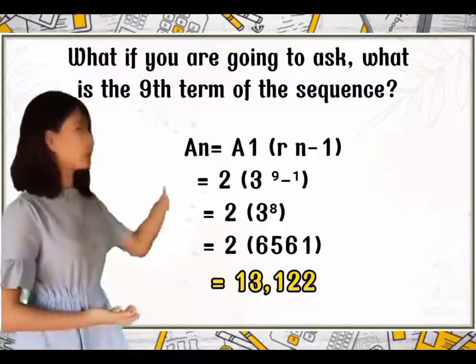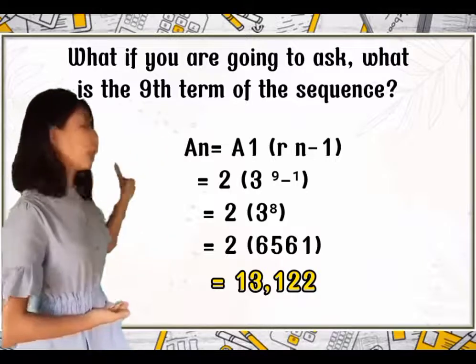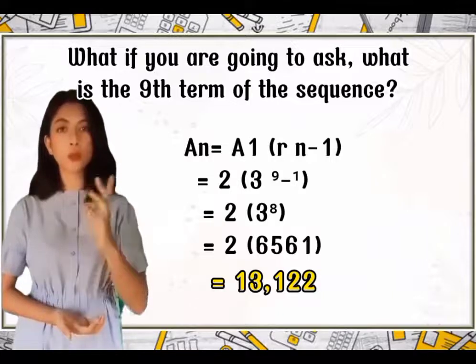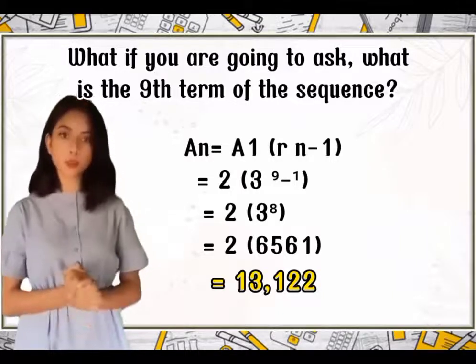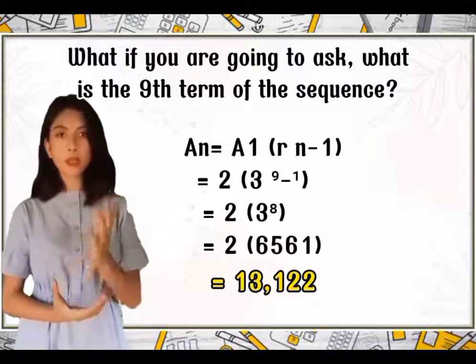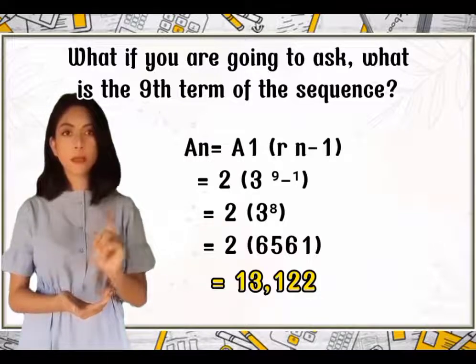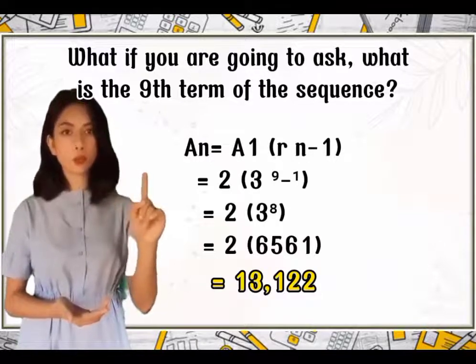What if you're asked, what is the ninth term of the sequence? Let's look at the example. We got the terms from A1 up to A5. What is the ninth term? In arithmetic sequence we have a formula, and of course in geometric sequence we also have a formula. To get the ninth term, we have a_n equals a1 times r raised to n minus 1.